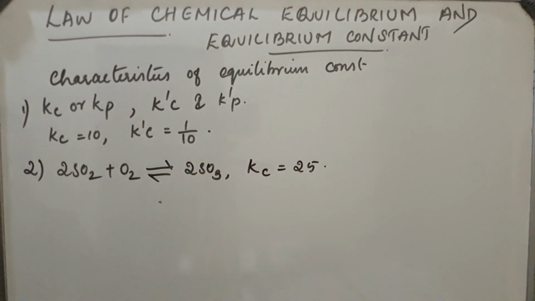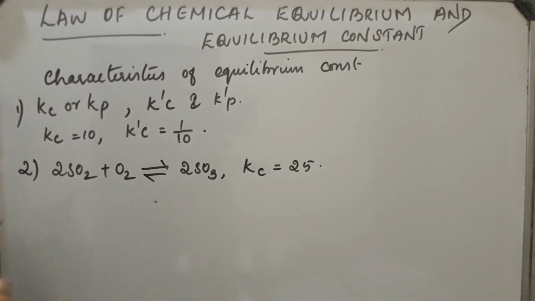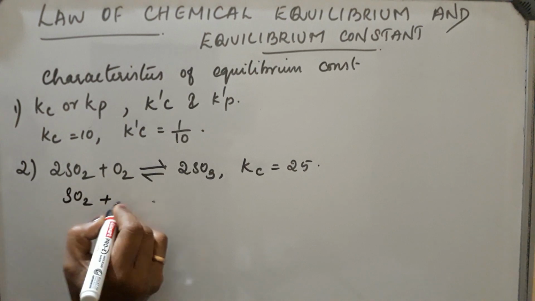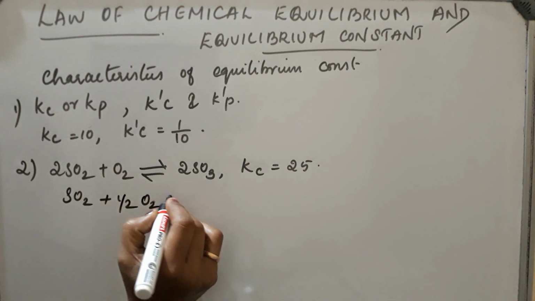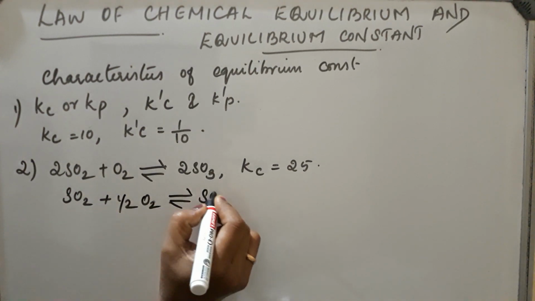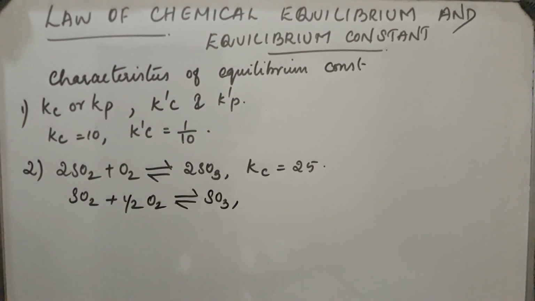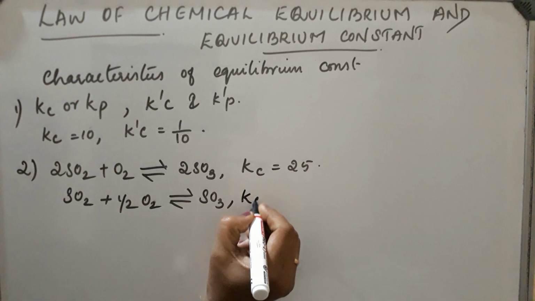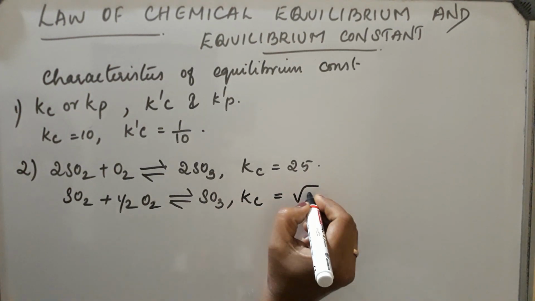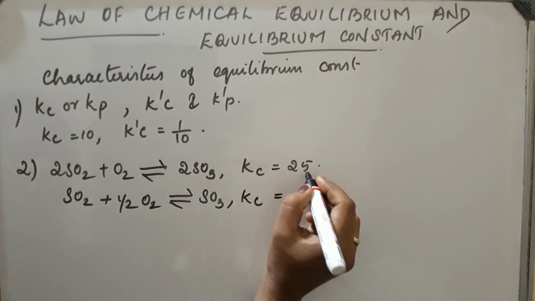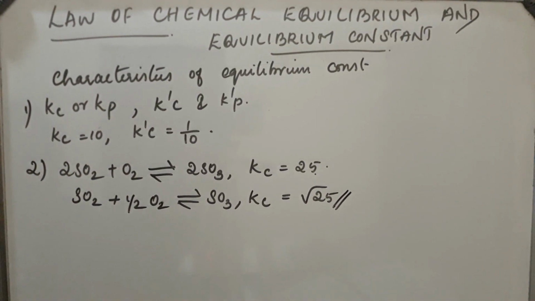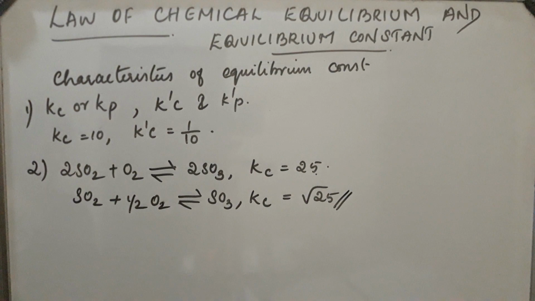In this equation, if we divide the whole equation by 2, the new equation becomes SO2 plus half O2 gives SO3. In this case, what will be the equilibrium constant of this new equation? Kc will be equal to root 25, the square root of this constant. Like this, we can find the equilibrium constant of the new equation.